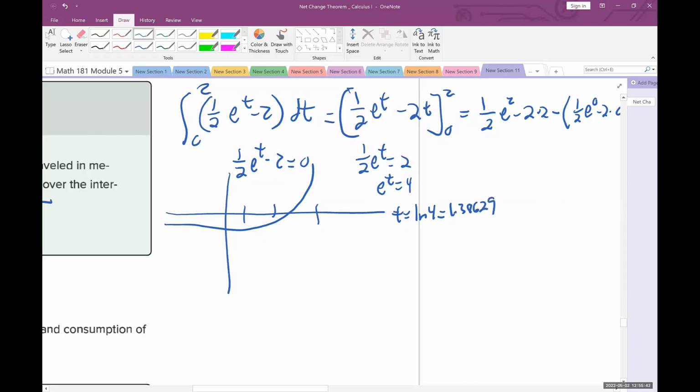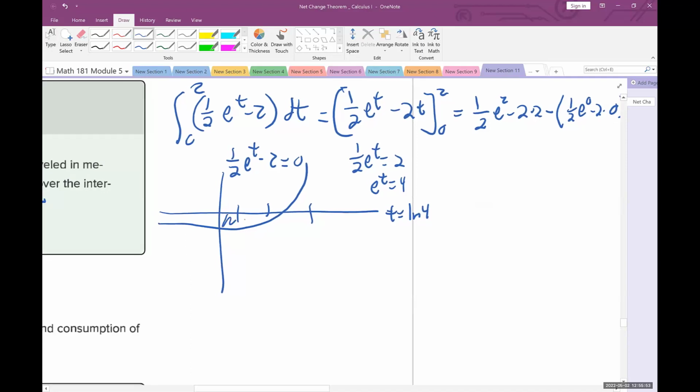When I did this in my notes, I left it as natural log of 4. So maybe we'll just leave it that way. So we'll have a portion that's below the axis and a portion that's above, and it's just before the 2.